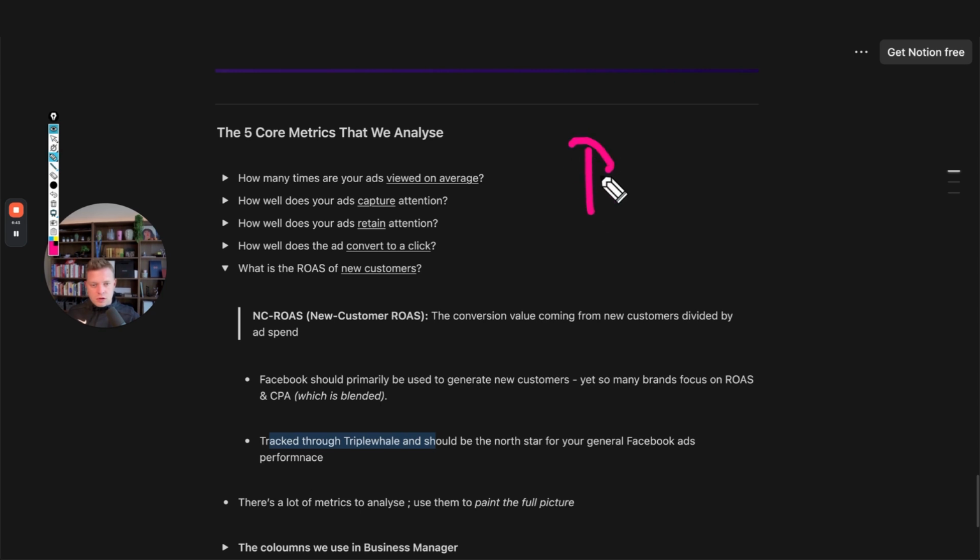If you're just tracking overall ROAS, you will get a skewed view of how good you are at generating new customers. You would actually not even be able to track this inside Facebook. Most brands look at just the overall ROAS, but this is blended with their existing customers, and that can skew your results a lot.